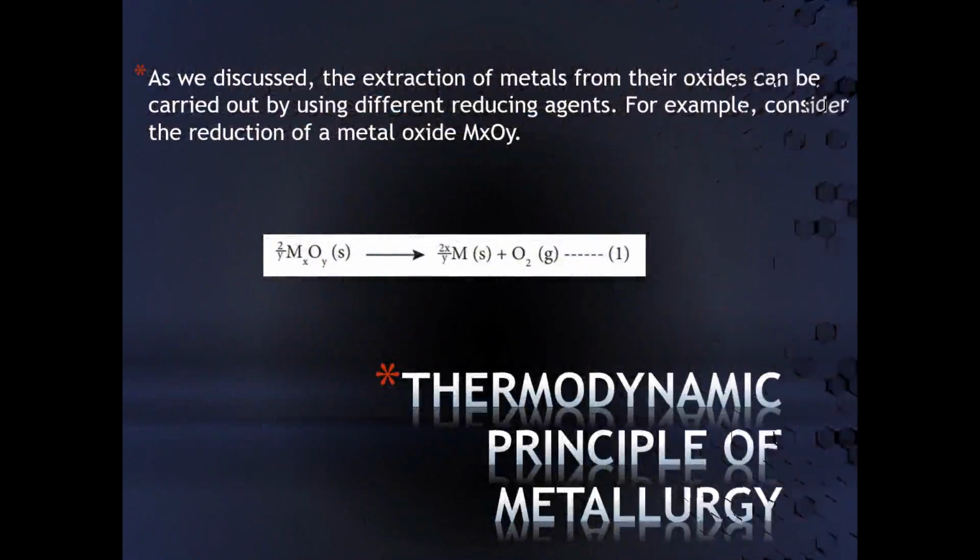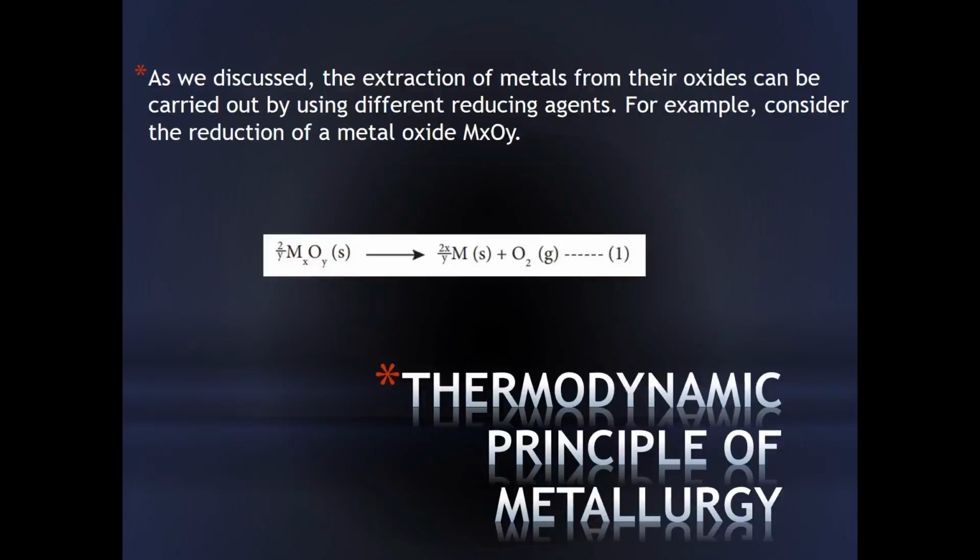Now, the thermodynamic principle of metallurgy. As we discussed, the extraction of metals from their oxides, we have seen in the previous classes, can be carried out by using different reducing agents: reduction by carbon, reduction by hydrogen, reduction by metal.